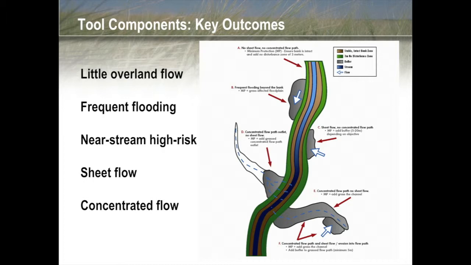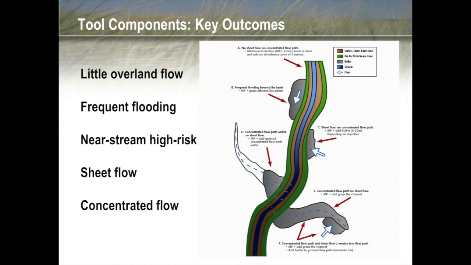So we just deal with a minimum setback, and we've picked a number. That can be argued. The next is that there's frequent flooding. It comes from upstream; it's the stream itself that's flooding this. So why not put it into grass, grass the whole affected floodplain, and use it for something else? The third is that it's primarily sheet flow. In that case, it makes sense to have a buffer that follows the contour of the stream.